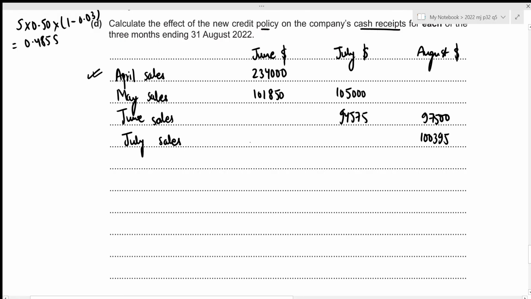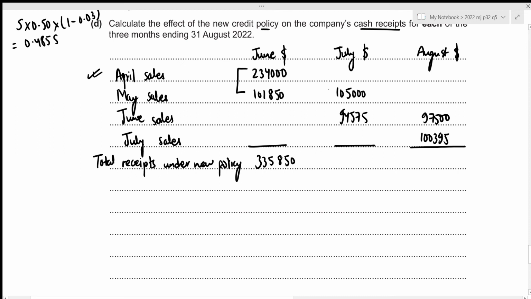Now this will give our new total receipts under the new policy. So total receipts under new policy. For the month of June, that will be 234,000 plus 101,850, which results in 335,850.